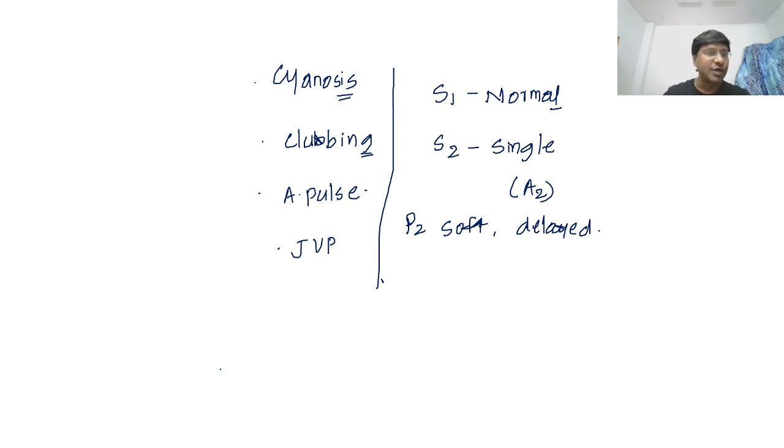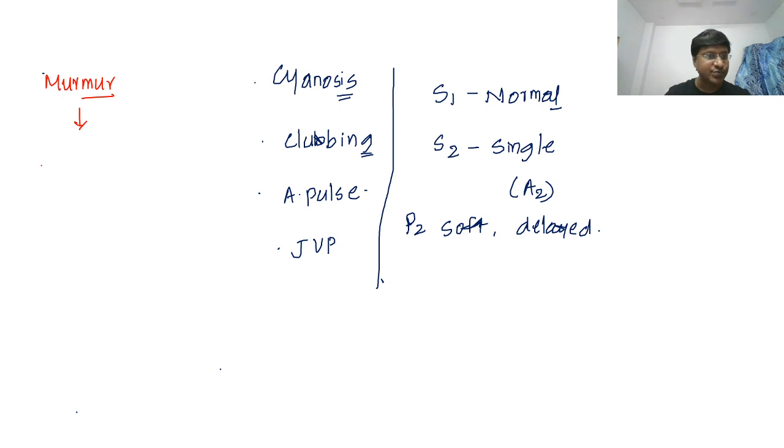And the next important thing that you need to discuss is about the murmurs. The other important thing that you need to know in tetralogy of Fallot and auscultation is about the murmurs. Now, what will be the septal defect? Ventricular septal defect.